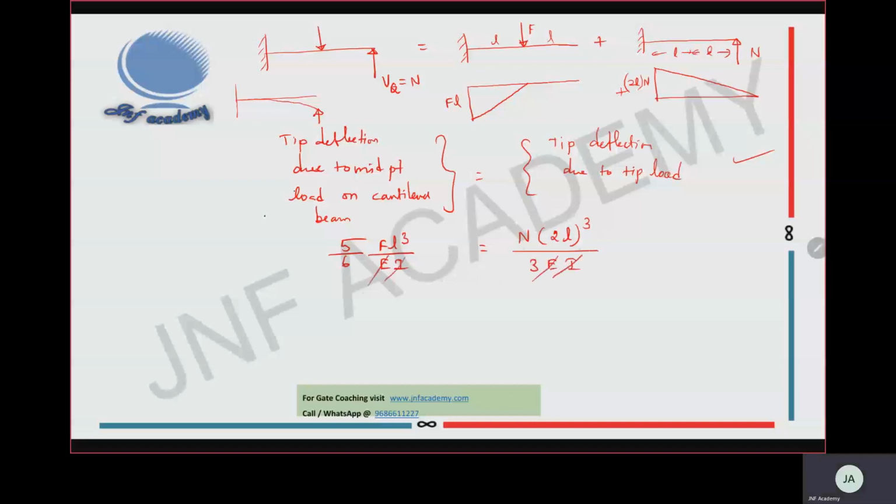EI we can cancel, then L cube we can cancel. So N is equal to 5 by 16 times F. Now we got the relationship between N and F.